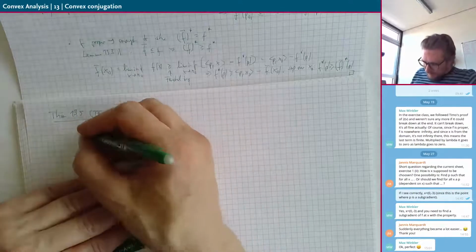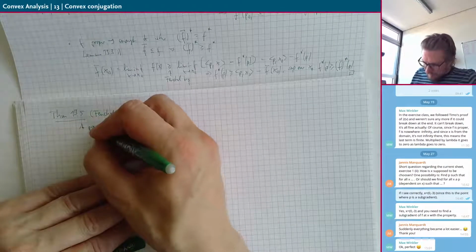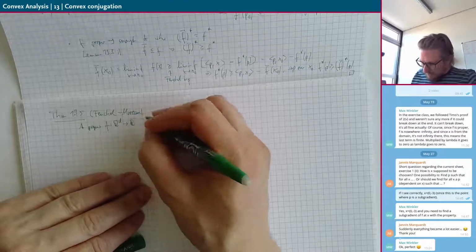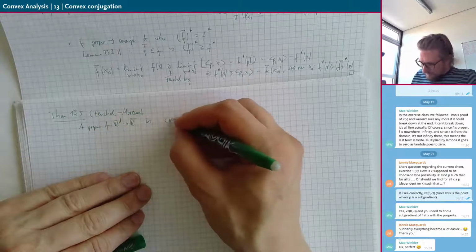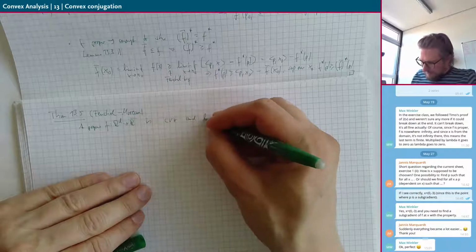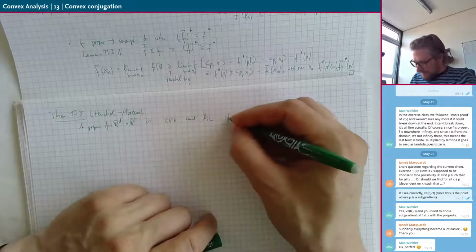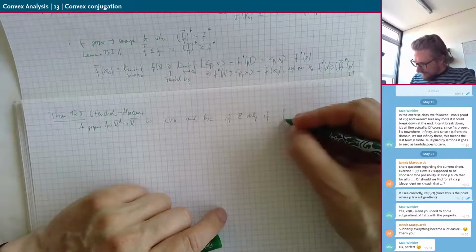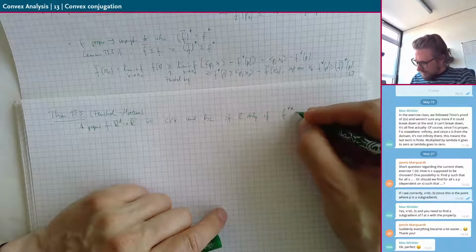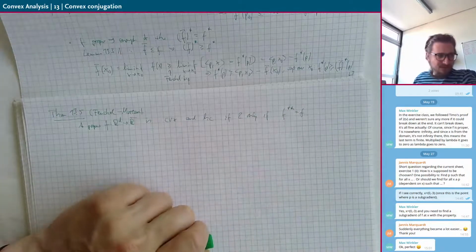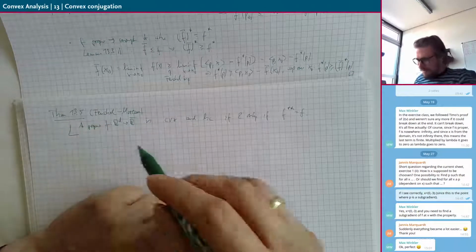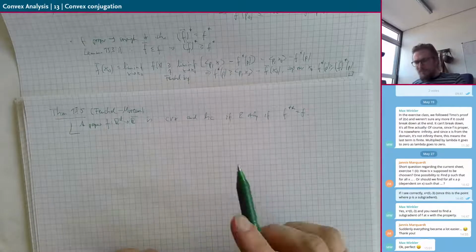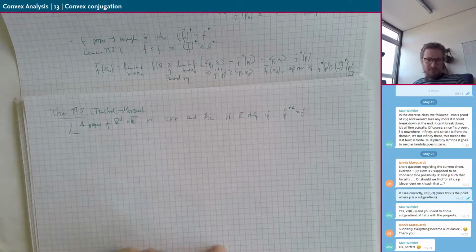Okay, and this says the proper f from R^d to R is convex and lower semi-continuous if and only if f biconjugate equals f. So that's the simple conjugation result. So the function is equal to its biconjugate if and only if it's proper, convex and lower semi-continuous.